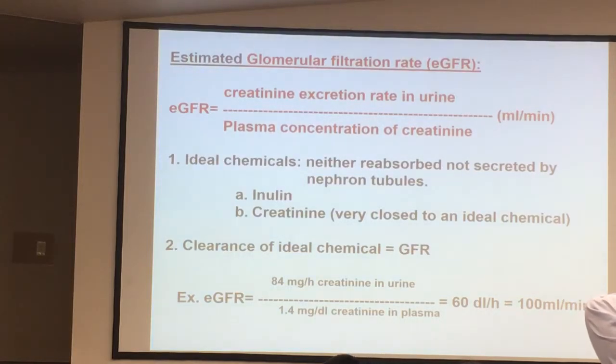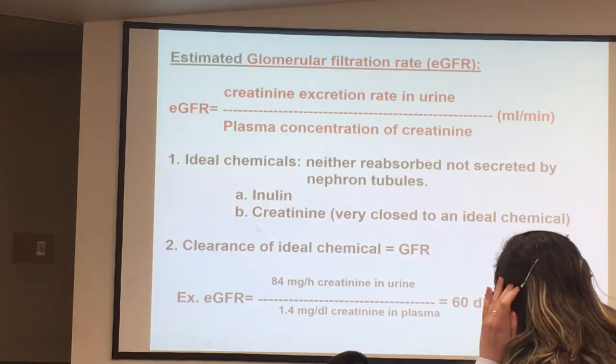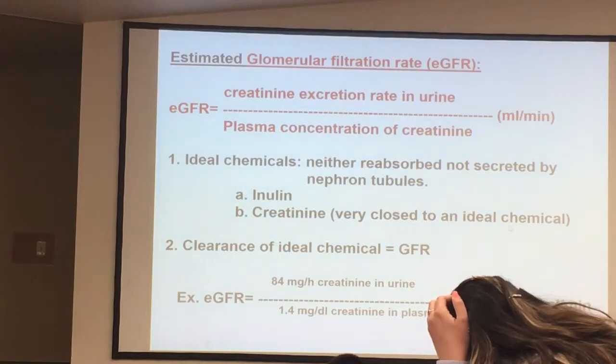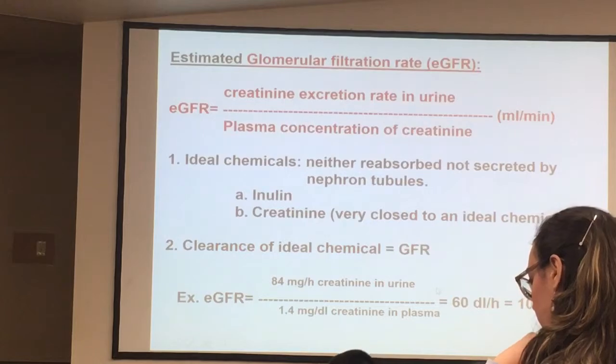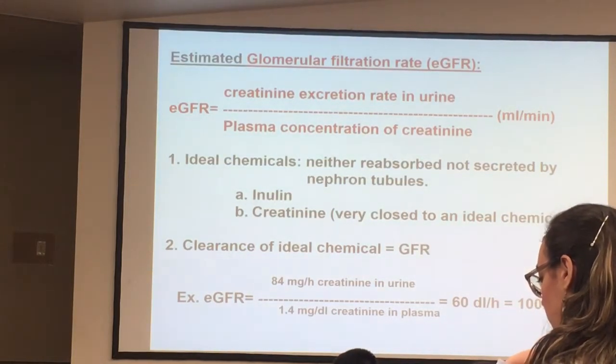And we are looking for an ideal chemical. Not reabsorbed, not secreted is number one, but inulin is too expensive. So we use the second one, called creatinine. Okay, very close to the ideal one. That's the thing here. Okay, all right. Get it? Okay.